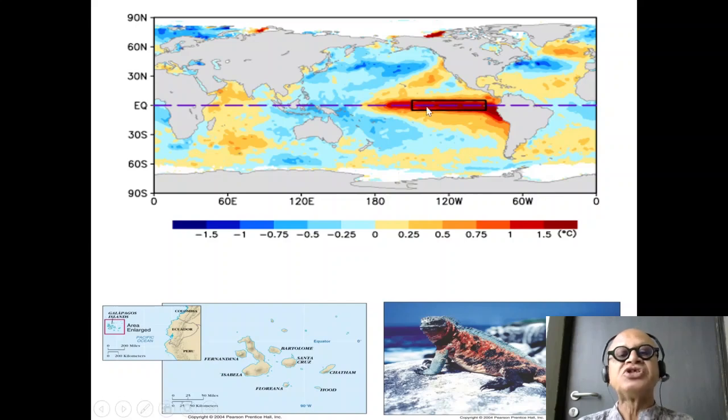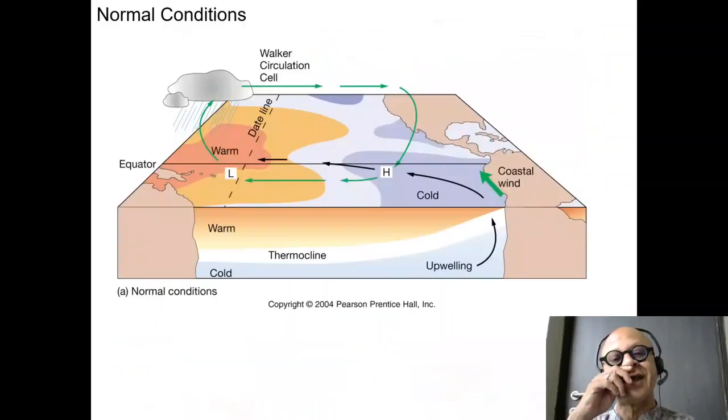Okay, so El Nino is a powerful monster that moves heat sources and creates lots of good and bad around the world.